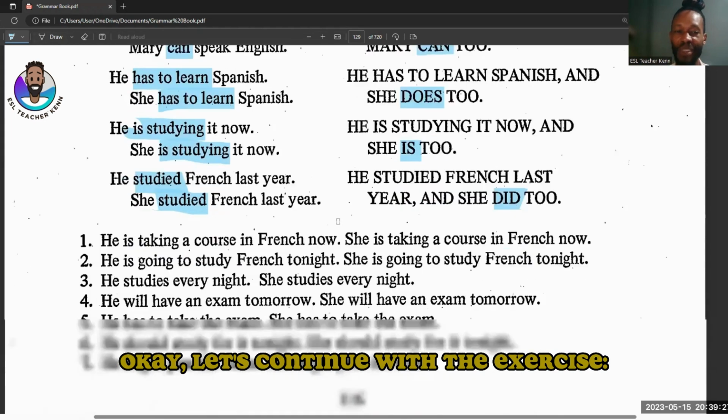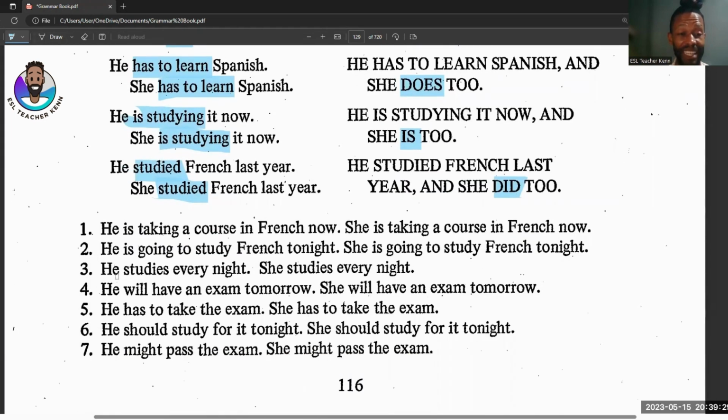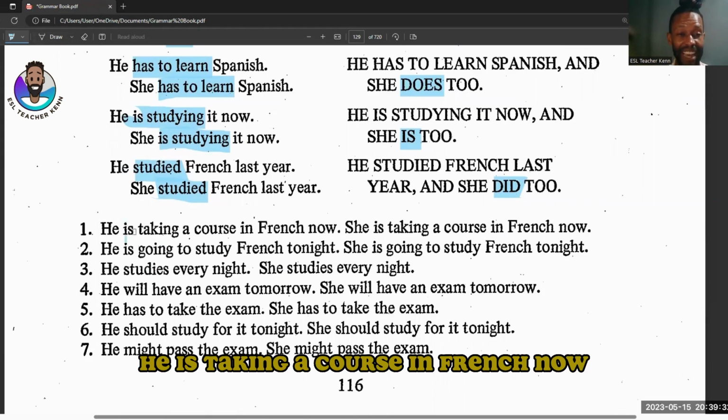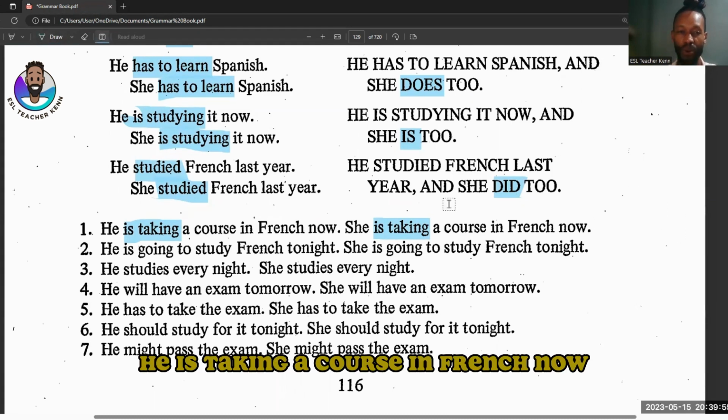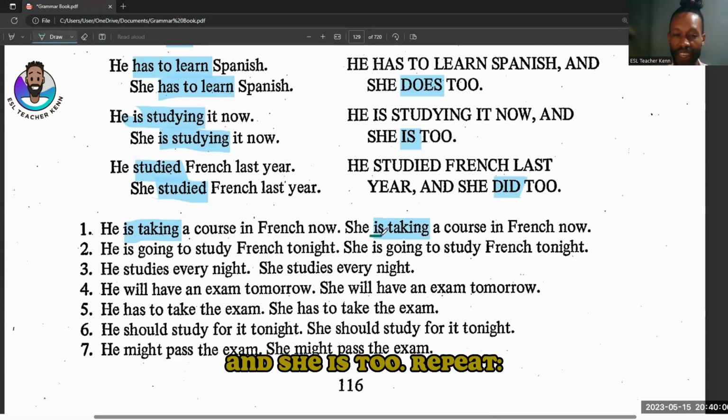Okay, let's continue with the exercise. He is taking a course in French now. She is taking a course in French now. He is taking a course in French now, and she is too. Repeat.